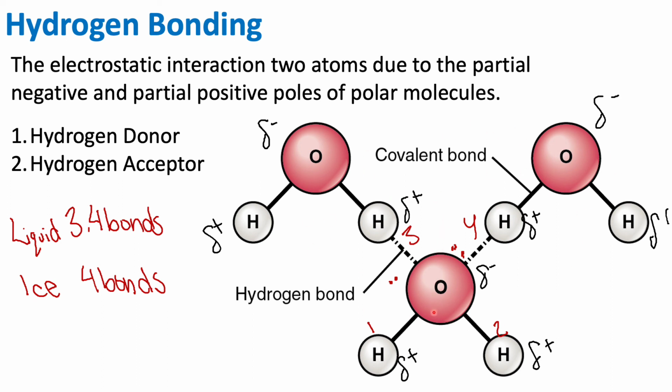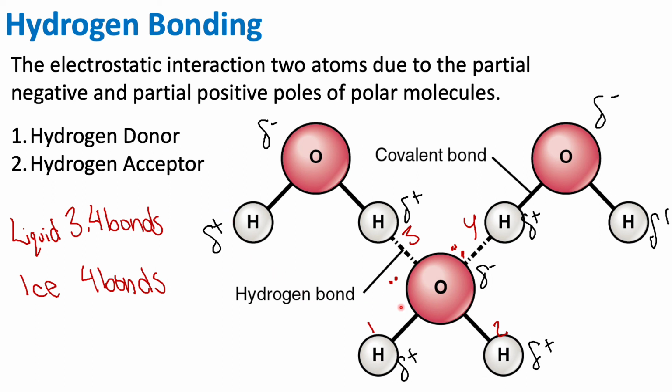What's important to remember is that hydrogen bonding is always the strongest when it is linear. When it is linearly attached to its neighboring molecule, it is the strongest. If the hydrogen bond is bent, it will be less strong. And that is essentially hydrogen bonding.